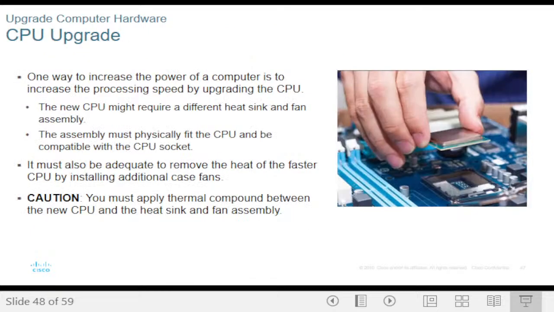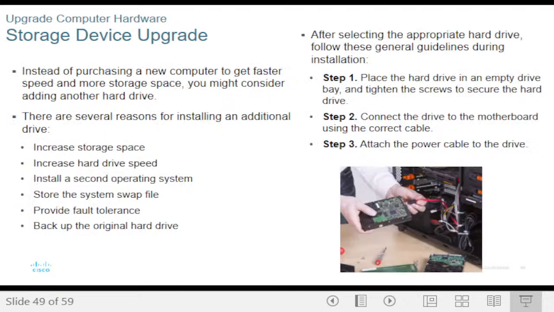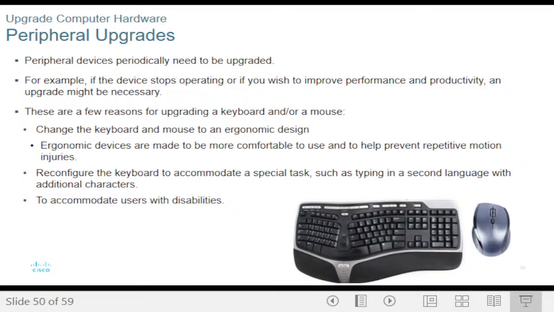We discussed this one. Upgrade of the CPU is another part that you might want to look at again as you go on. For the hard drive, you have to consider the types of cables that go there, the size of the hard drive, and peripherals like the keyboard and a few other components.